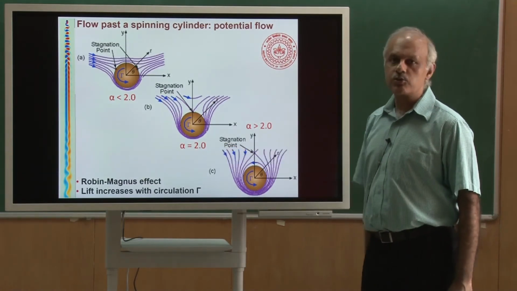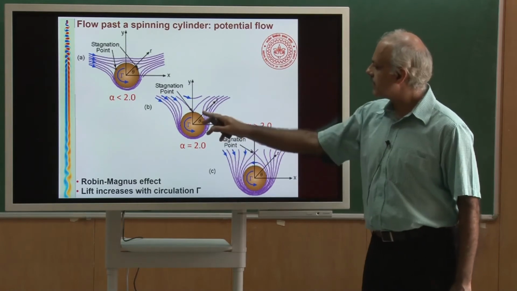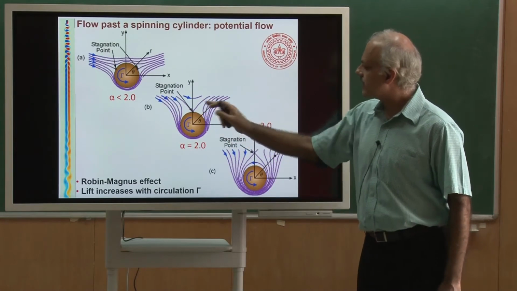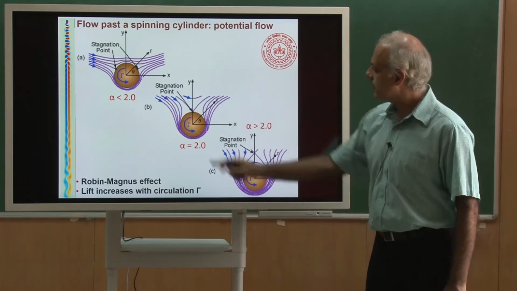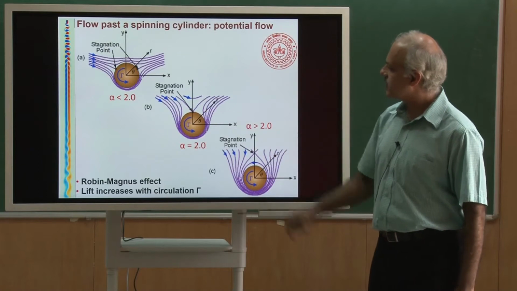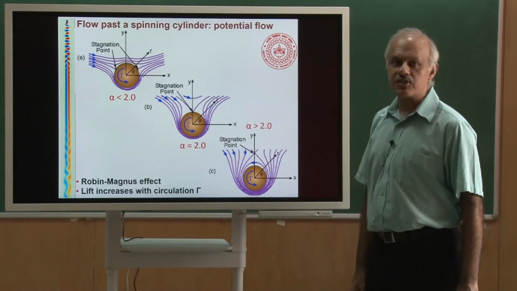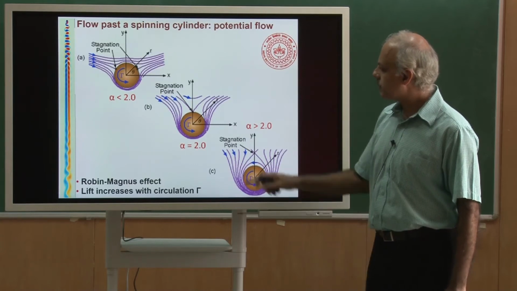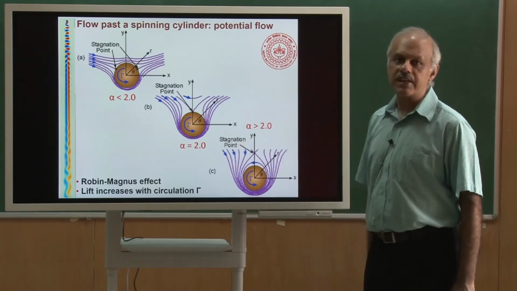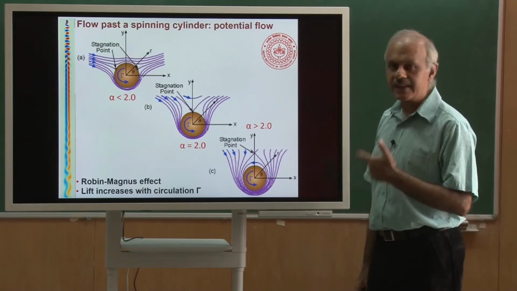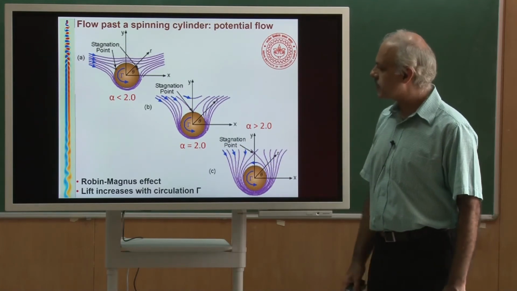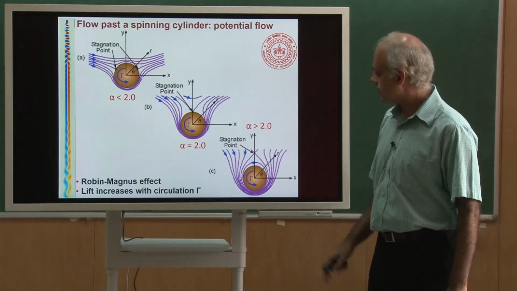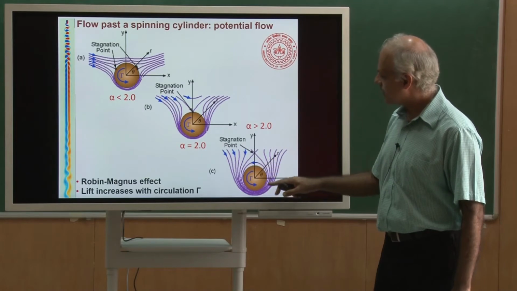Specifically at alpha equal to 2, you get one single stagnation point, and that is at theta equal to pi by 2, and these are the streamlines that we just saw on the blackboard, and then these other streamlines, they go below the surface of the cylinder and so on. The interesting part is when alpha goes more than 2.0. So, we are now spinning the cylinder so that the tip speed is more than twice that of the free stream, and now we get this ring.